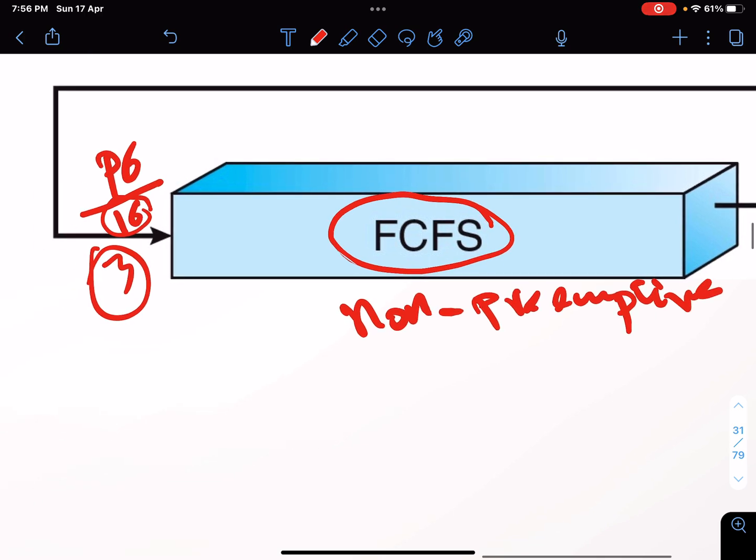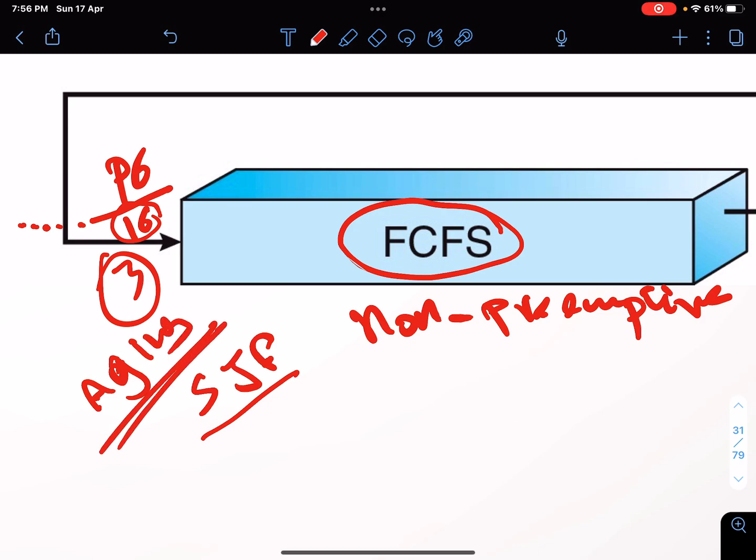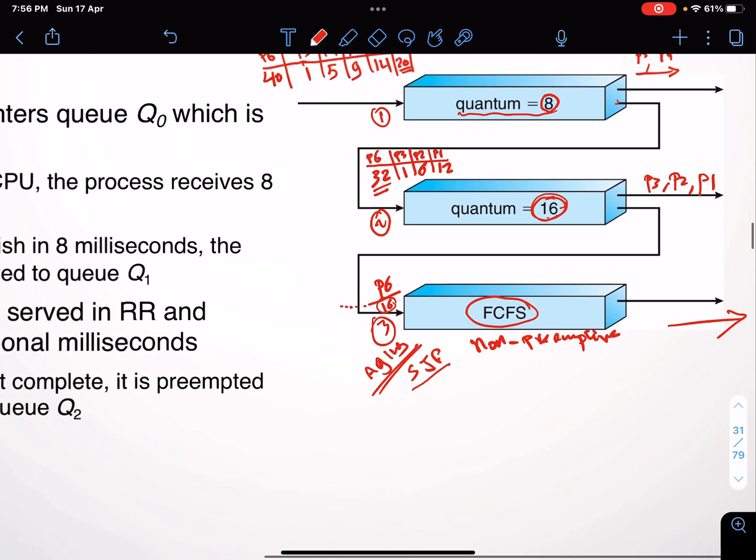If you use shortest job first and you have many processes waiting and processes keep coming, and one of them is huge, it would have starvation. That's why first come, first serve is favored. But if you use shortest job first, what would you use with it? Aging, right? That would solve the problem.